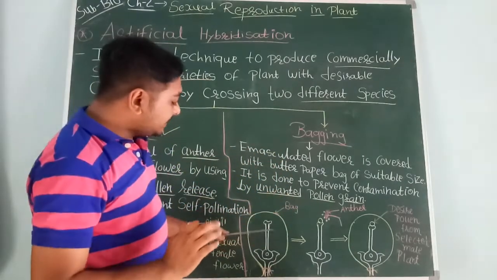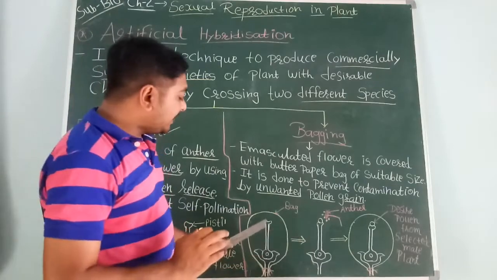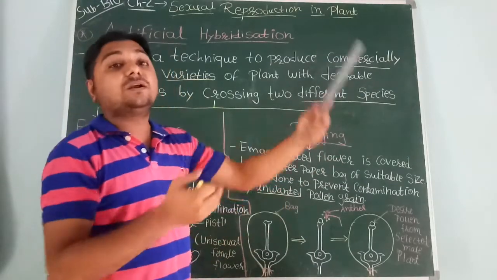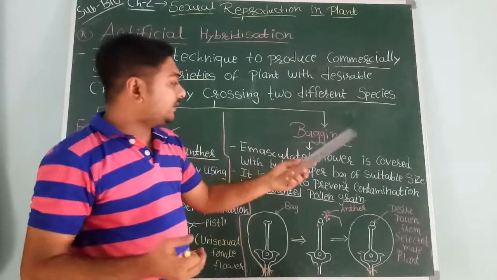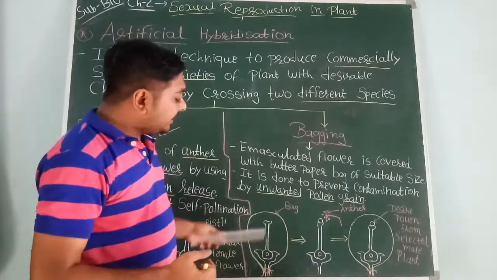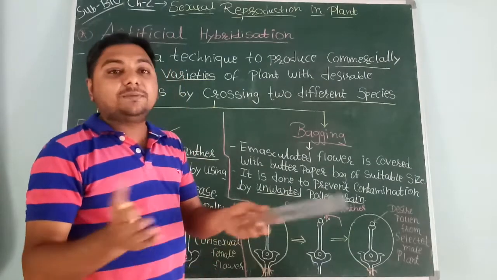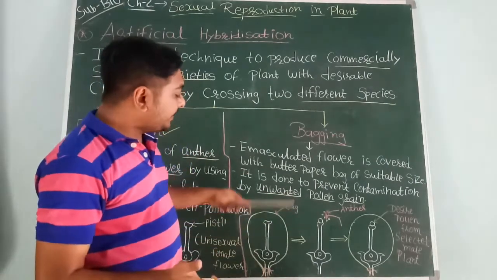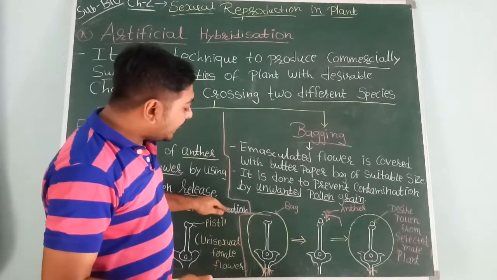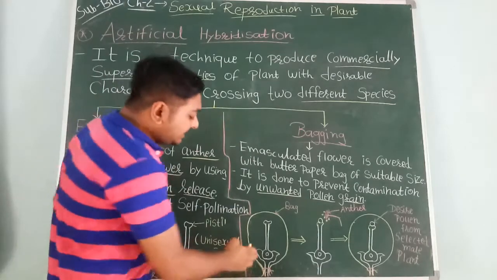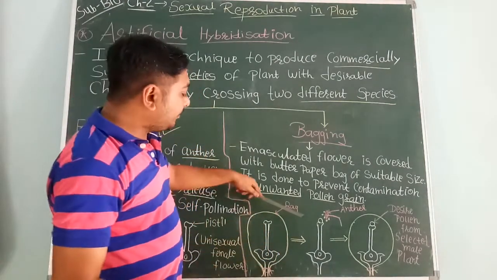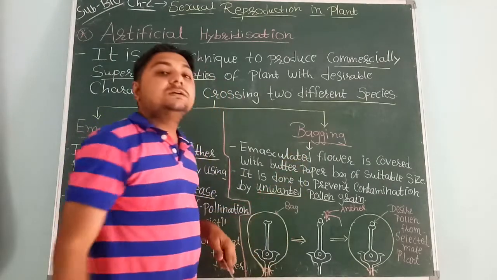But if the stigma is open, then other pollen grain released into the air from different plant species can come in contact with the stigma. If that happens, then our desirable characters do not combine. So to prevent contamination by unwanted pollen grain, we have to do bagging. The emasculated flower is covered with a butter paper bag, so other pollen grain cannot enter into this bag.